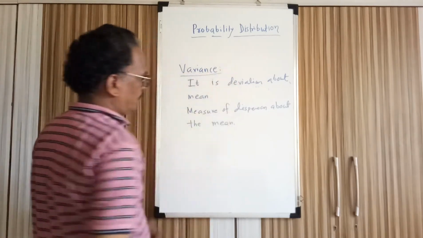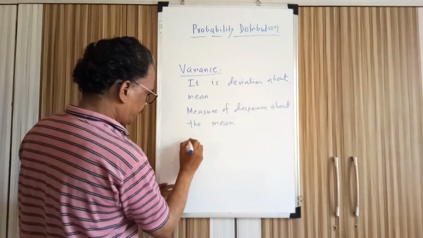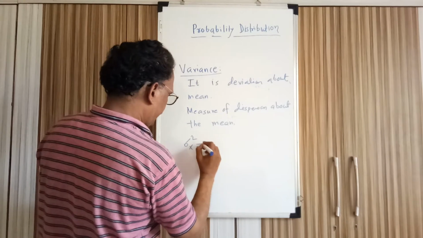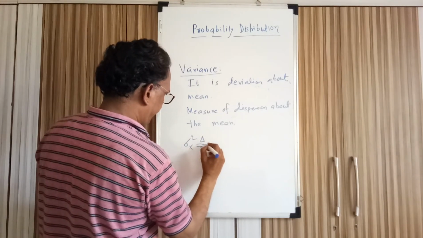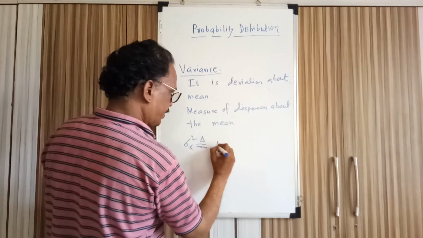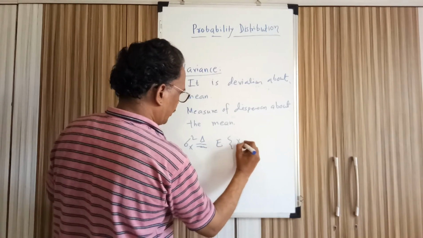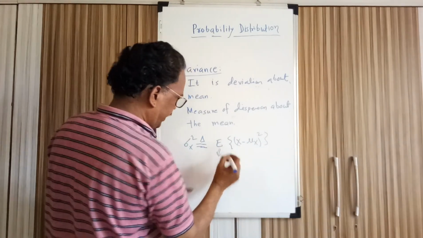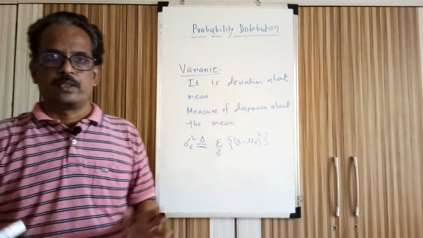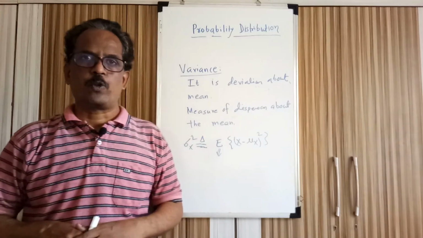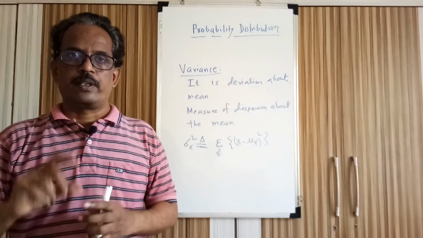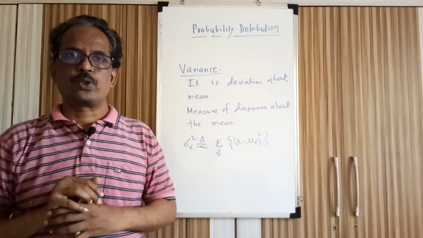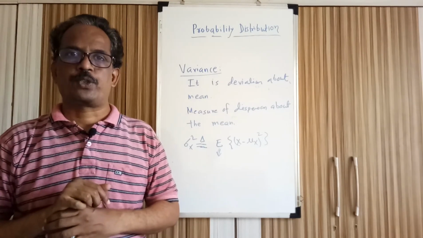Variance is denoted by sigma x square, and it is defined as expected value of x minus mu x whole square. This E operates only on random quantities. Whenever there is a random process or random variable, E is used for making it deterministic.